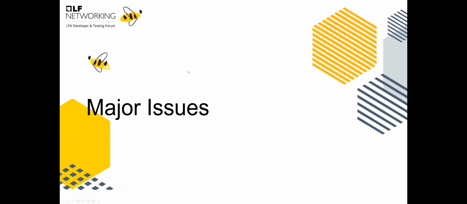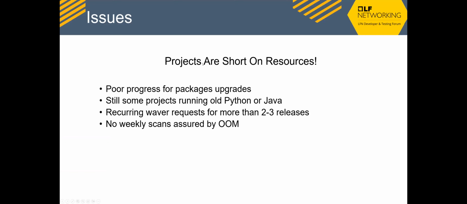Now I'd like to share with you some key issues that we are experiencing. Obviously the projects are short on resources, so it's difficult to assign people to complete all the global requirements of best practices.